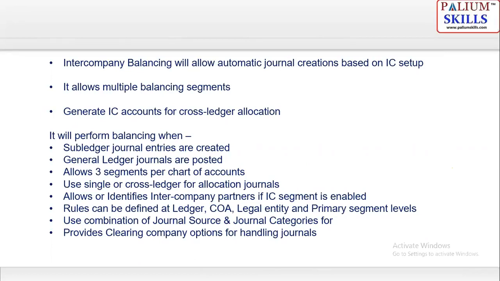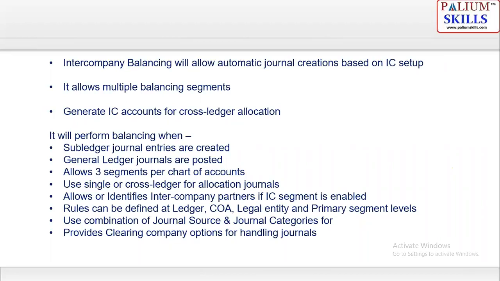So intercompany balancing will be done automatically in all these cases. I'll repeat this one more time. When the subledger journal entries are created, when the general ledger journals are posted, and it will allow up to 3 segments per chart of accounts. We can use single or cross ledger journals for allocation journals.